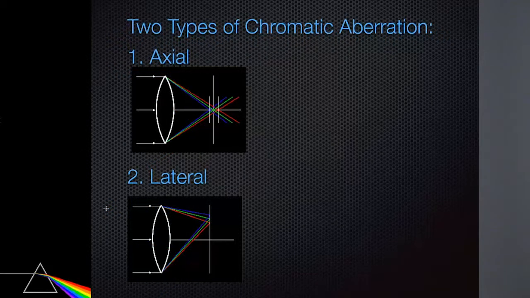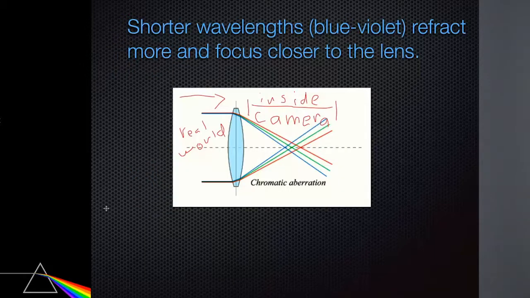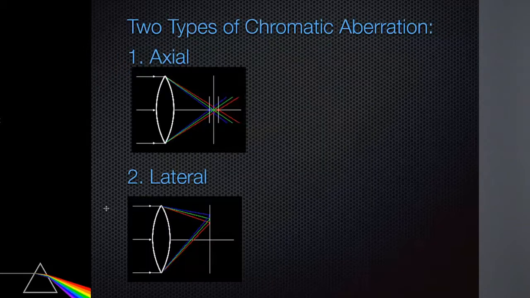There are two types of chromatic aberration, and I think these two diagrams illustrate it very well. The first one is axial, and that's like what we were just looking at, where the light focuses at slightly different distances from the lens. So the focusing distance is just slightly different.